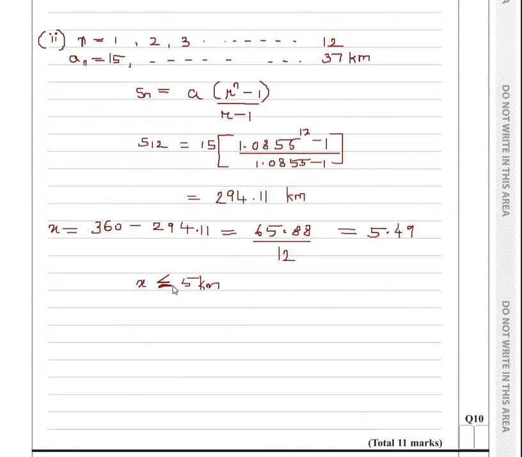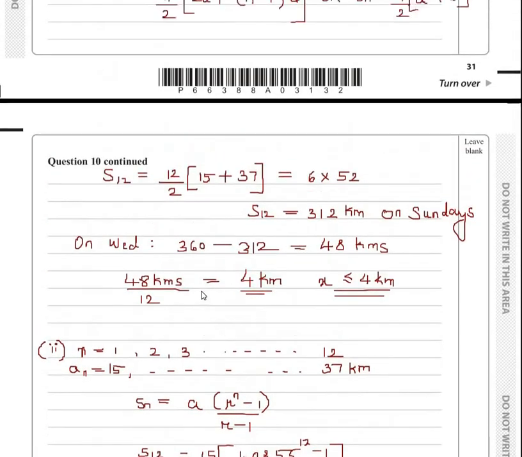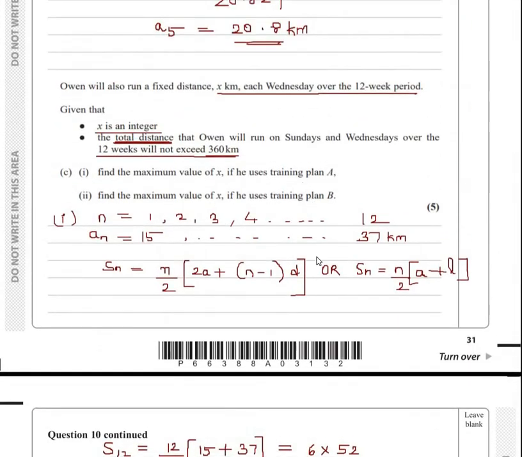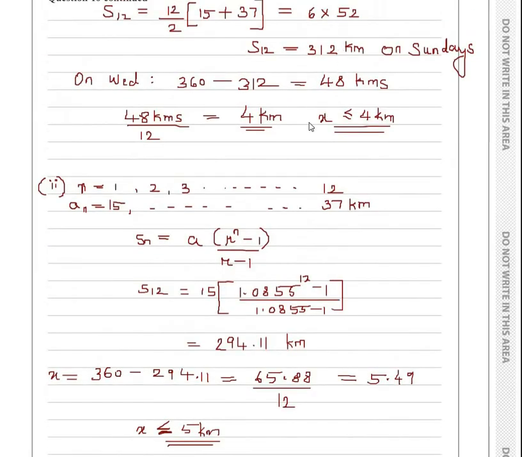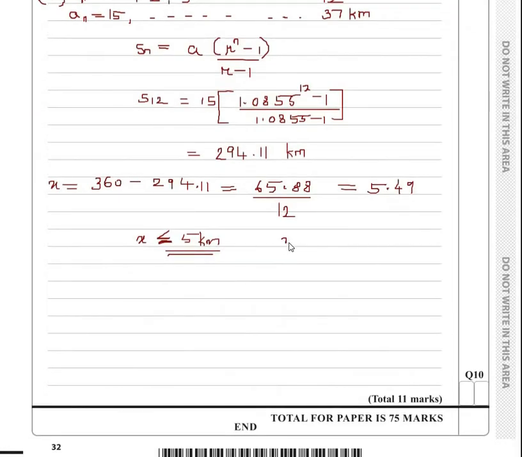So if he is using training model B, he should be running less than or equal to 5 kilometers. And if he is using training plan A, he should be running less than or equal to 4 kilometers. So for training model A, x is equal to 4 kilometers, and for training model B, x is equal to 5 kilometers. This is the answer for this part.